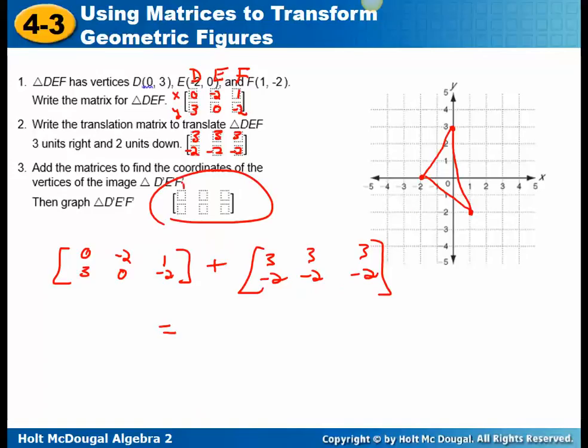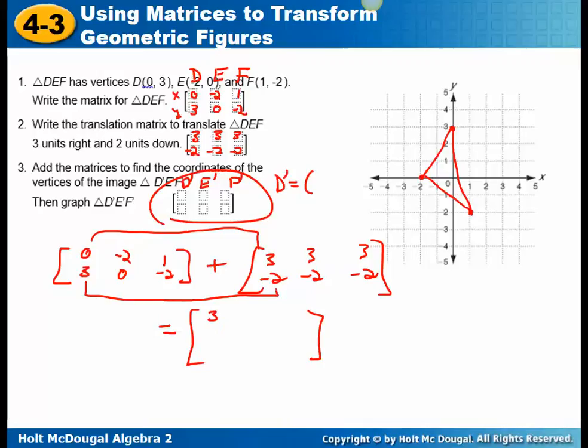So this will be D prime, E prime, F prime, and we're also supposed to find the coordinates of each. So after you add these together, then write that D prime is equal to, let's do that one. So 0 plus 3 is 3, and 3 plus -2 is 1.